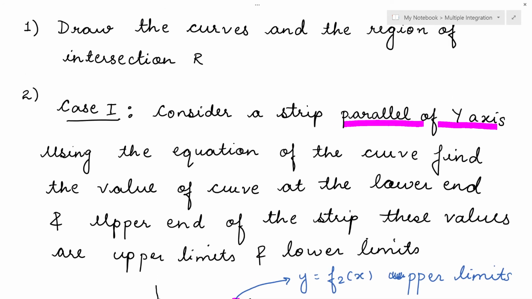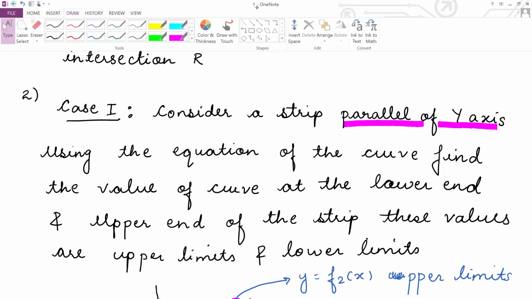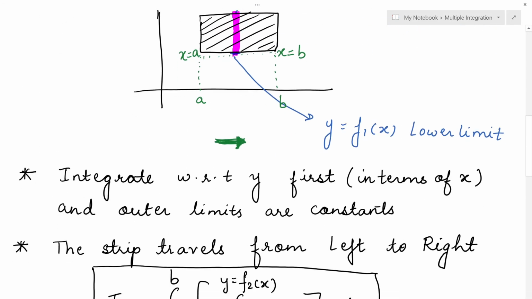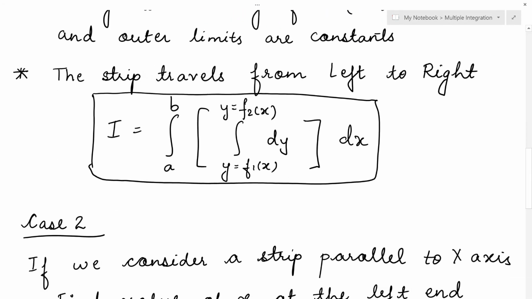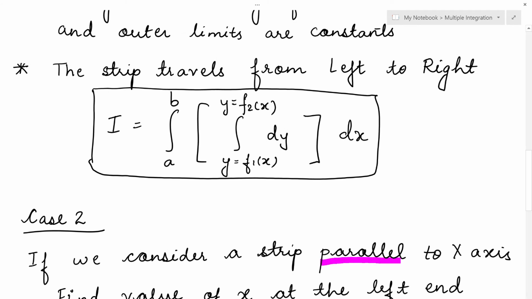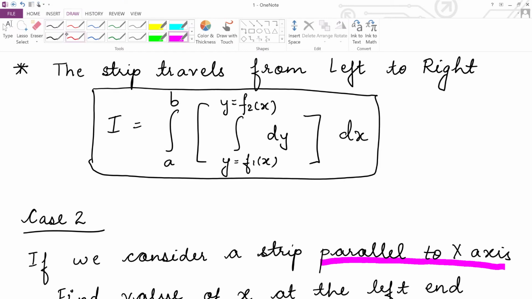Okay, so let us recall whatever we have done. Step 1 is you have to draw the curves and then you have to find the common region of intersection. Second procedure is either you take a strip parallel to y-axis, or you take a strip parallel to x-axis, depending on your choice.